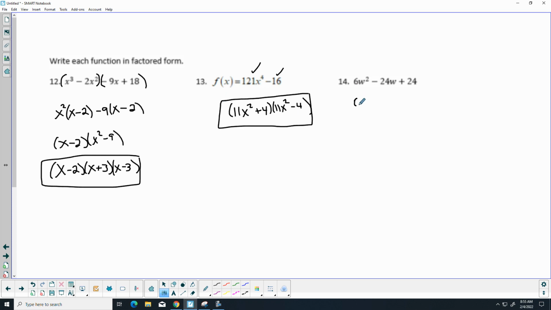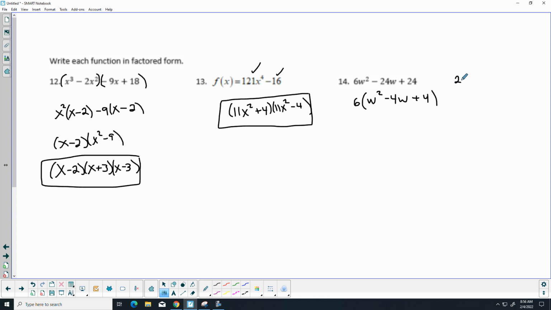Number 14, I'm going to pull out my GCF, greatest common factor, first. And I need to find 2 numbers that multiply to 4 and add to negative 4.